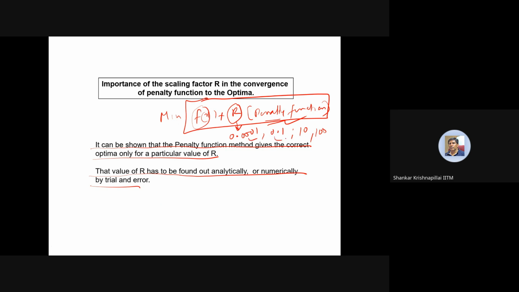So this value of R has to be found by trial and error or analytically. Obviously, nobody will find it analytically. People will only find it by trial and error. But what is the method? That is what we are going to see.